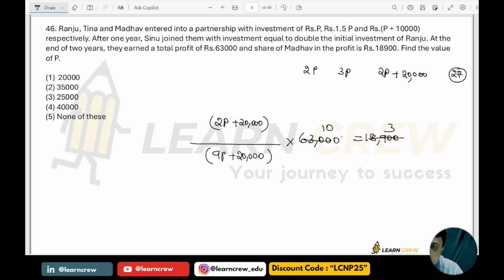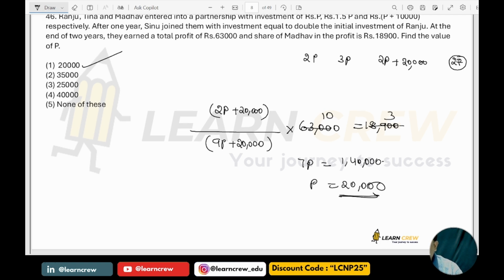So further, if you simplify, 10 into 2 20P, 3 into 9 27P, 27P minus 20P, 7P. One is 2 lakhs, the other is 60,000, which is 1,40,000. Thereby P would be 20,000. The value of P is how much? 20,000 here. Option 1 is the correct answer.